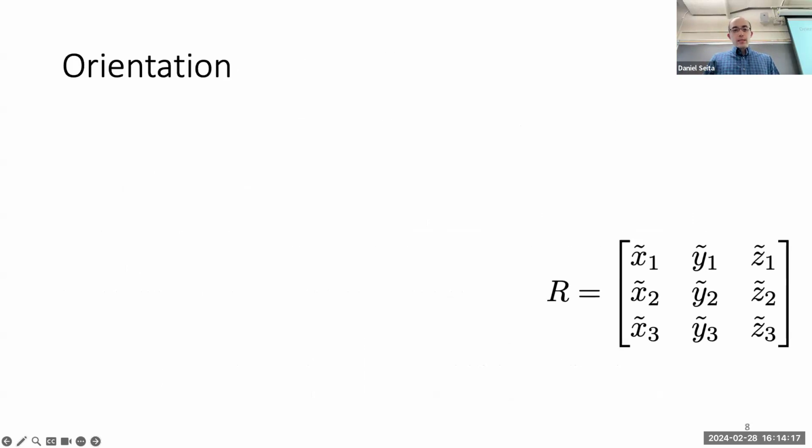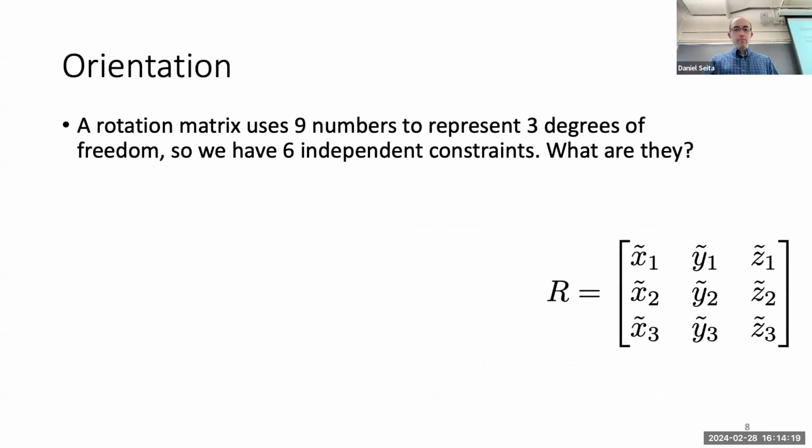All right, so the rotation matrix uses 9 numbers to represent 3 degrees of freedom. So there are 6 independent constraints. This relates to the earlier slide where the number of degrees of freedom is the sum of the freedoms of something minus the number of independent constraints.